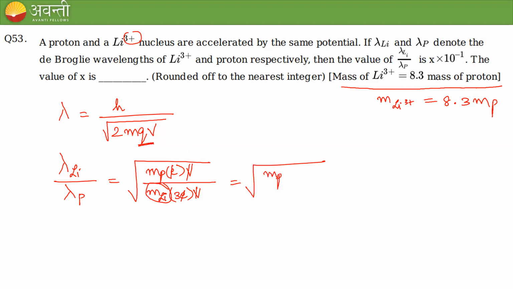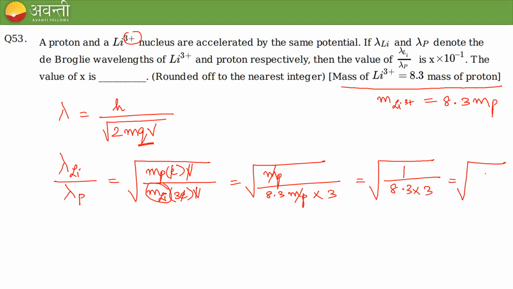I'll get MP in the numerator, and in the denominator I will have 8.3 into MP, and 3 is there. Now MP, mass of proton, gets cancelled, and I'll have root of 1 by 8.3 into 3, and 8.3 into 3 is 24.9, right? And 24.9 can be taken as 25. So it is 1 by 25, and root of 1 by 25 is nothing but 1 by 5.